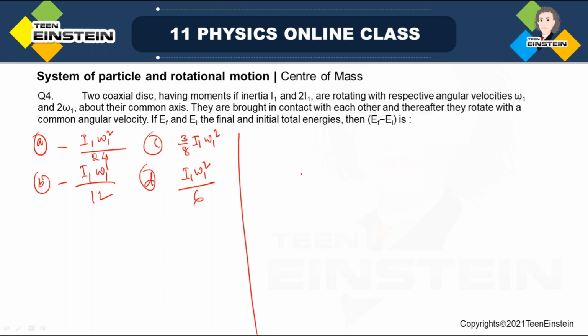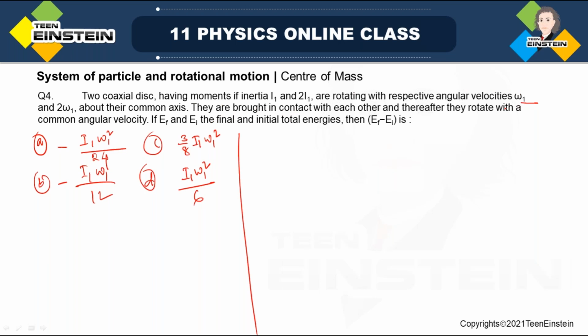So look here, what is the information given? Initially they have fixed moments of inertia I1 and I2, that is fine. Then they have angular velocities omega 1 and omega 2 about their common axis.